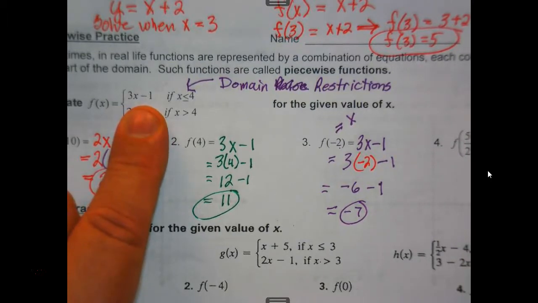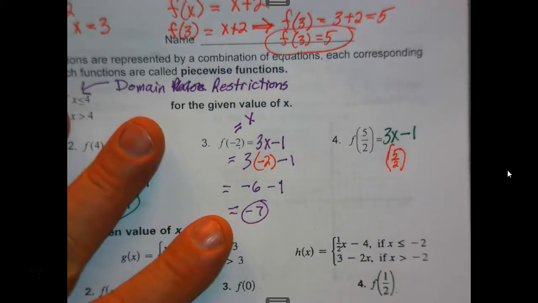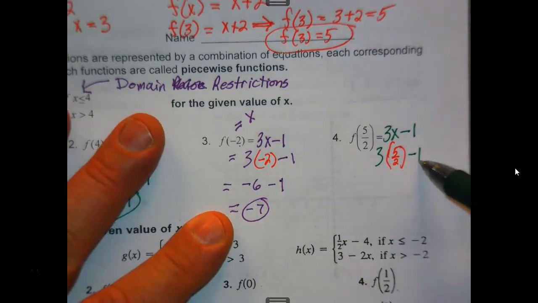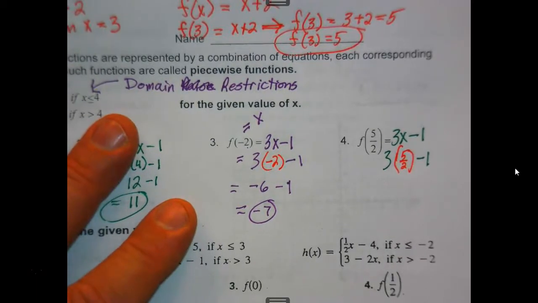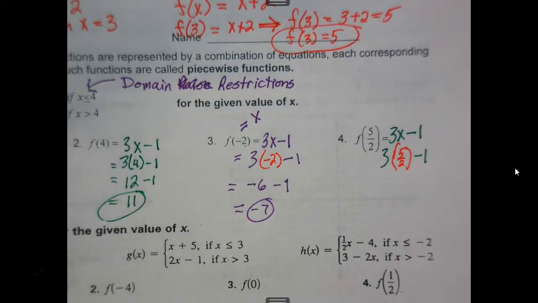Okay, our x is 5 halves. Okay, so the rest stays the same. 3 times 5 halves minus 1. Oh no, here we go again, fractions. Not only do I have to multiply it, but then I have to subtract from a fraction. I'm screwed.